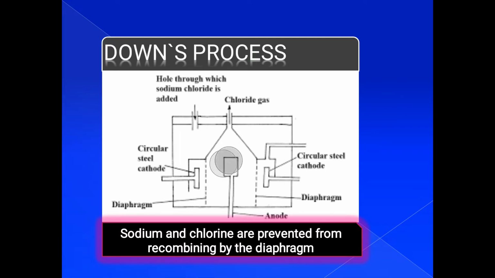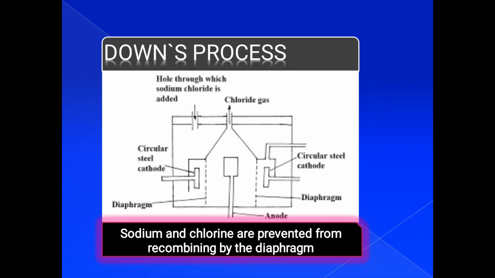Remember that the anode is positively charged, and at the anode you expect that the chloride ions from the rock salt will be attracted towards this anode, while the positively charged sodium ions will be attracted to this cathode, because the basic law of charges states that like charges repel while unlike charges attract. So the charges on this cathode are negative, and therefore you expect that the sodium ions, which are positively charged, will be attracted towards this.